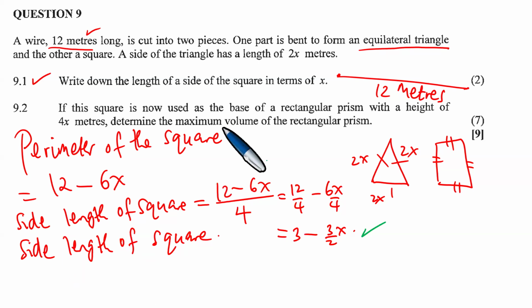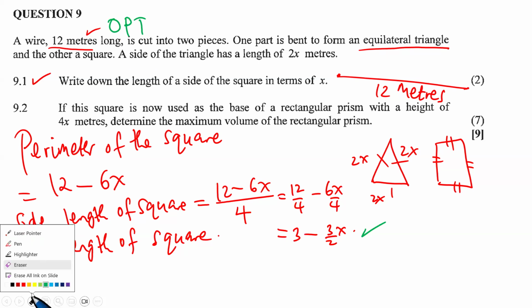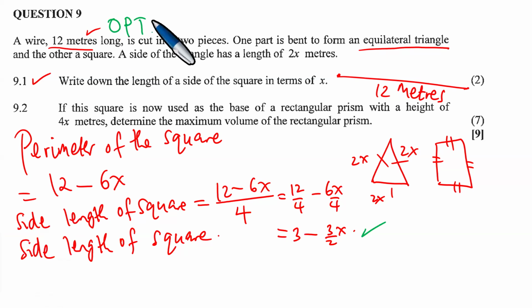And this here, what section is this, guys? I actually was speaking about this on the WhatsApp group, and this is called optimization. What is optimization? Some people also call it mensuration.